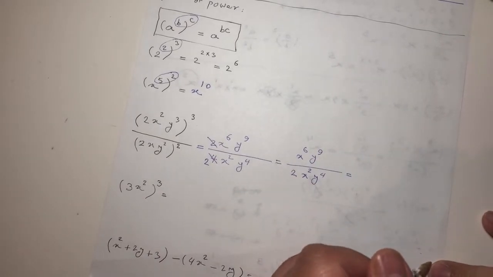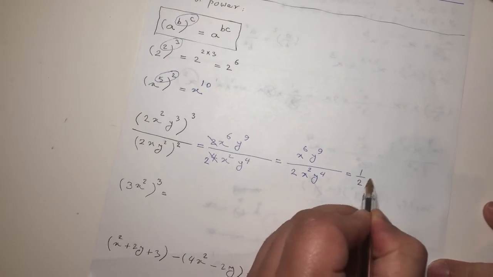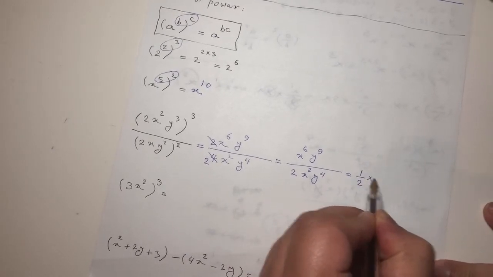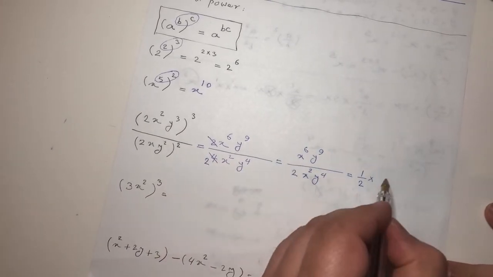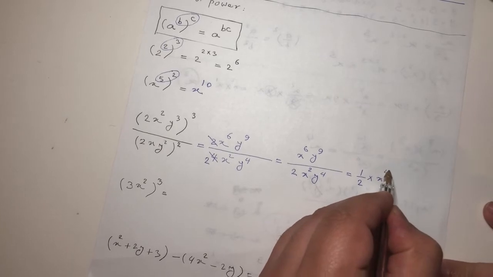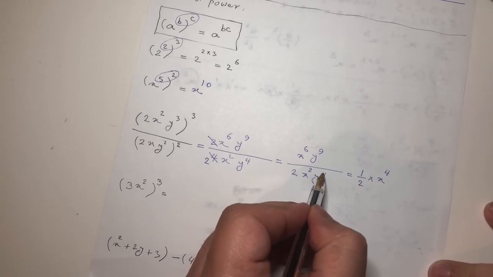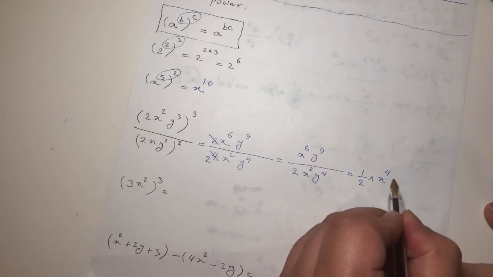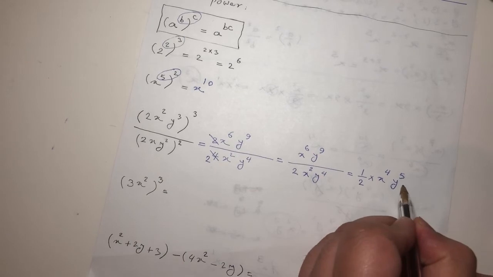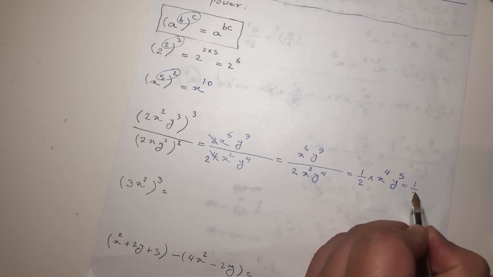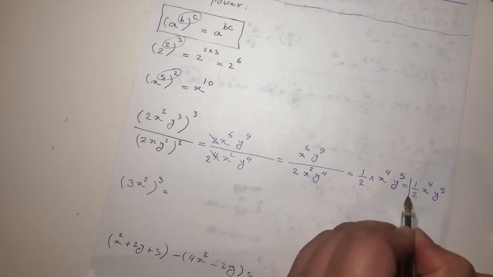So we can write it as 1 over 2 multiplied by x to the power of 6 divided by x to the power of 2, which is x to the power of 4. y to the power of 9 divided by y to the power of 4 is y to the power of 5. So our result would be 1 over 2 x4 y5.